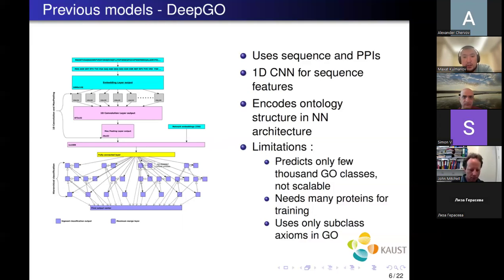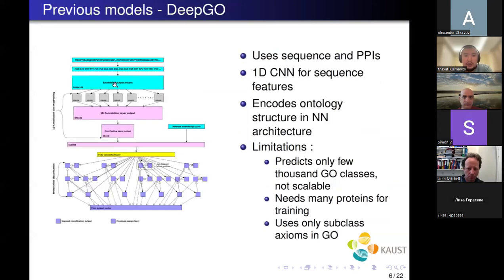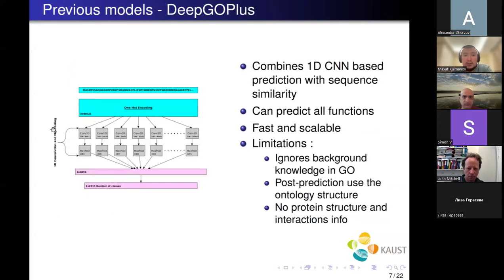CAFA. So we developed this second model, DeepGO Plus, where we used a slightly different version of the convolutional neural network. Instead of this embedding layer, we used just one-hot encoding, and then we had many different convolutional neural networks with different kernel sizes, and maybe a longer representation.